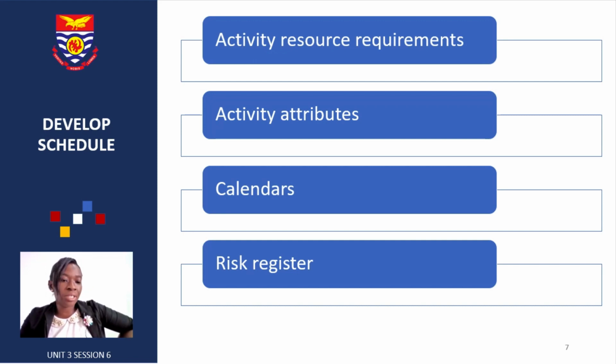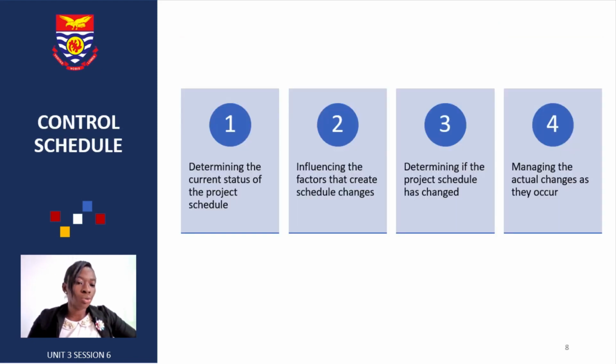And you have the risk register, where we want to see the potential things that can go off and how we can mitigate them as and when they happen. And so the risk register may need to be updated to reflect new opportunities and threats which are perceived through the scheduling assumptions. So let's move on to control scheduling.